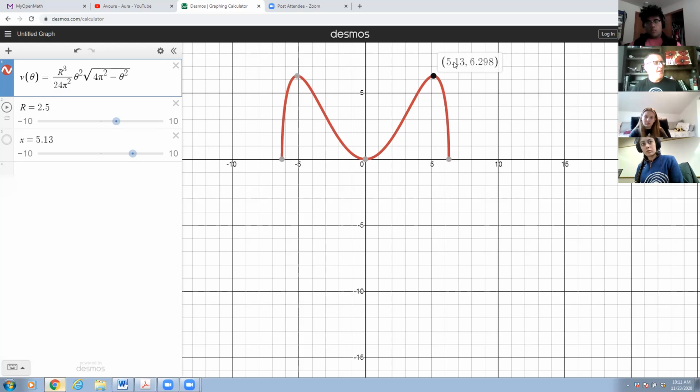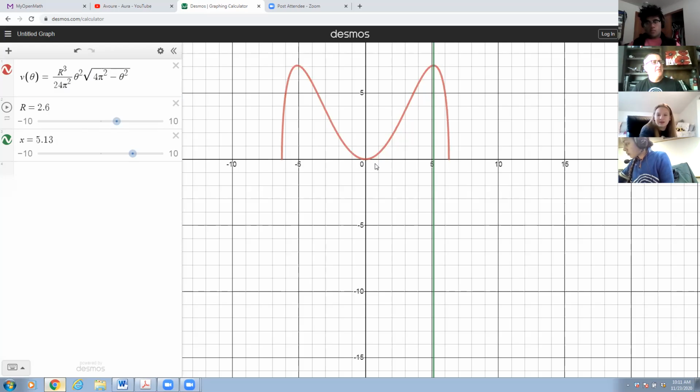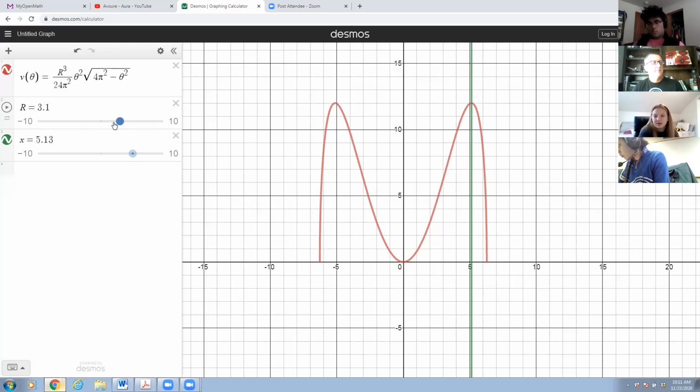Watch what happens if I change capital R to other numbers, though. Notice it doesn't even make any difference. No matter what. Sorry, can I go? Go ahead, Eve. Isn't that because, at least this is what I found when solving it, when you take the derivative, R disappears?